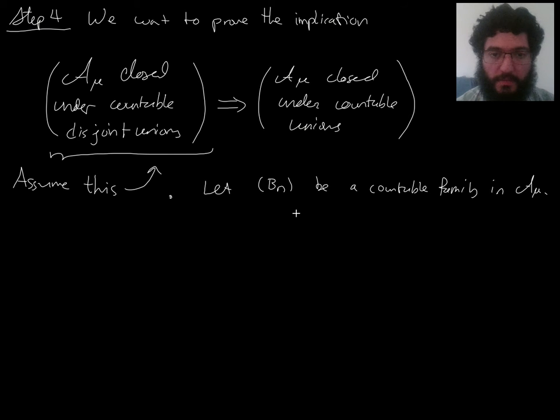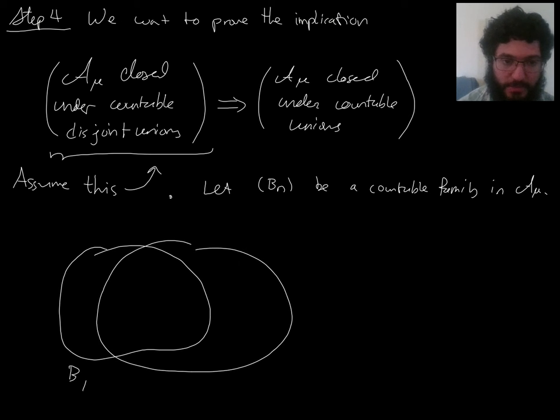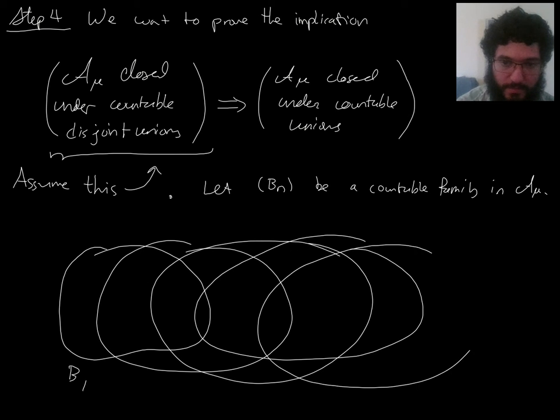So my goal is to show that the union of the B_n's is in A_mu, right? Can I view that union as a union of disjoint things? Well, here's kind of what I imagine. I've got B1, and then B2, B3, B4, B5, etc.